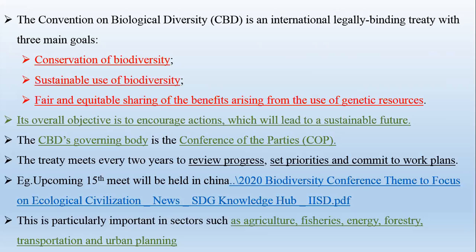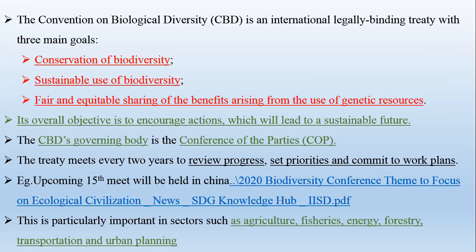In conservation, mainly the resources which are useful for different purposes should be used in a controlled manner, and these resources should be protected in some ways. That is conservation of biodiversity.